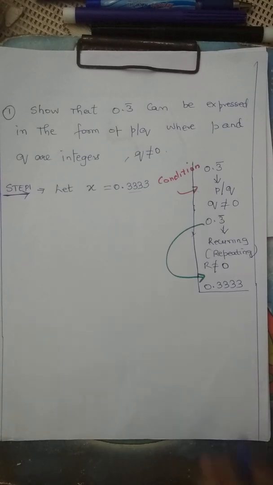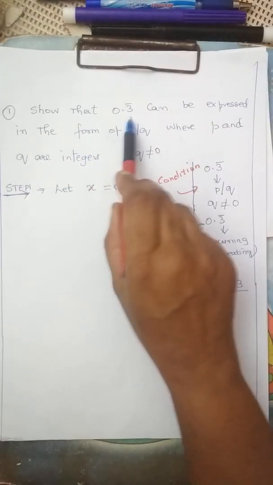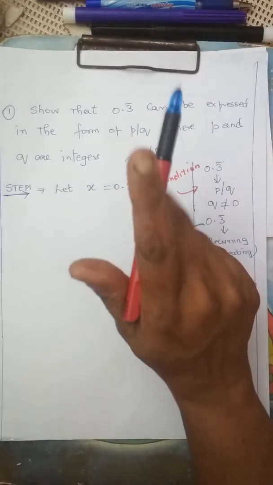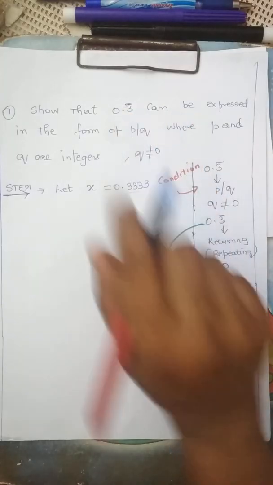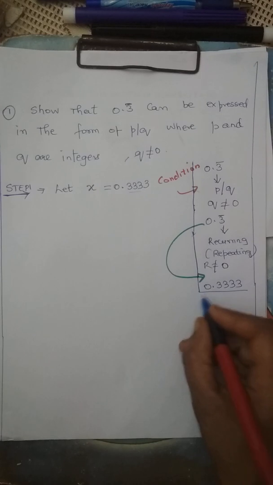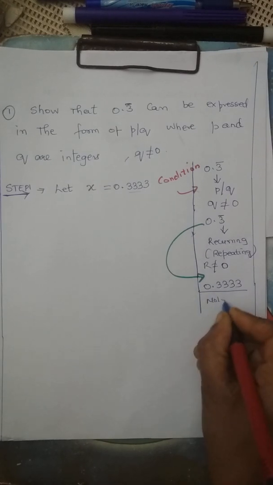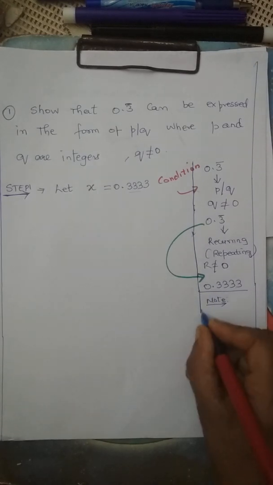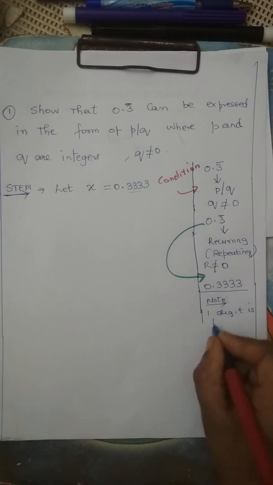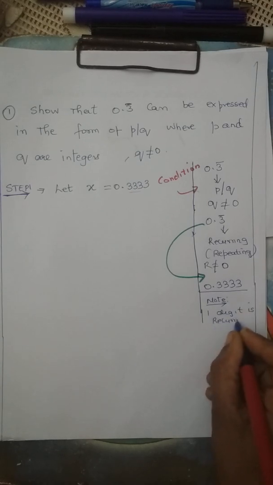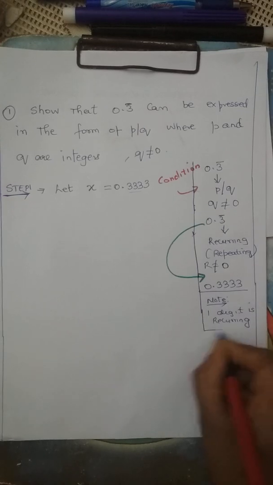I repeat. When a question like this comes, you have to see how many digits are recurring. 1. So make a small note for yourself when you're learning: 1 digit is recurring, or 1 digit repeating.